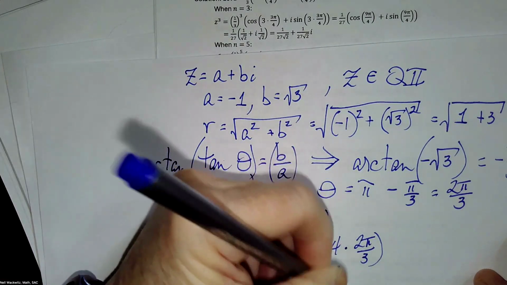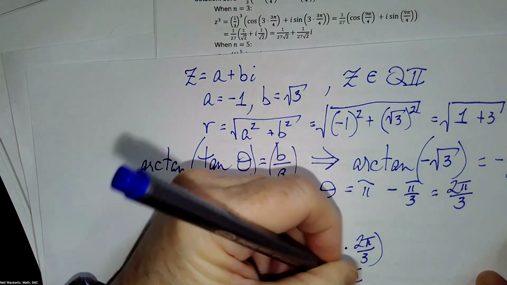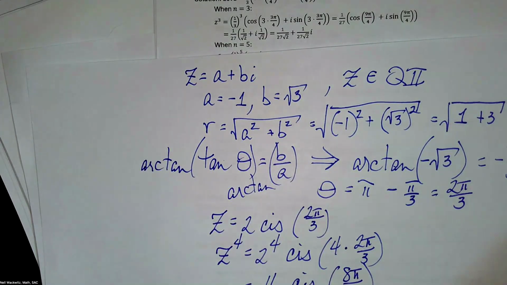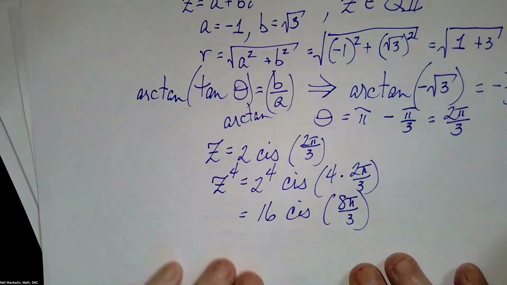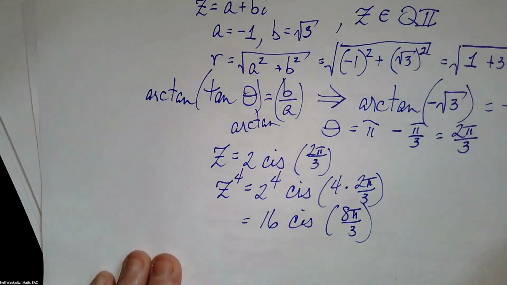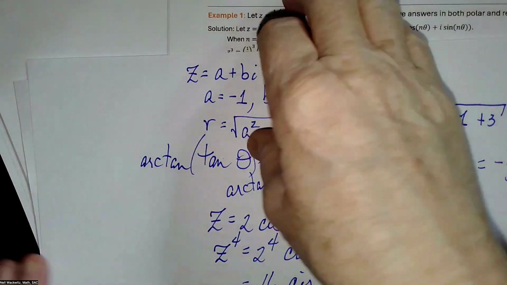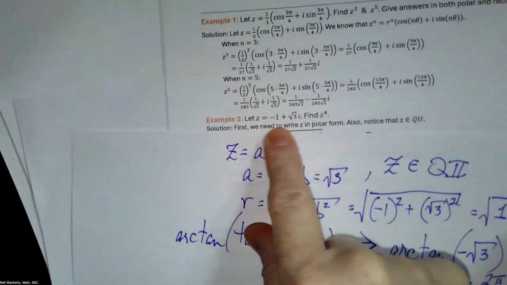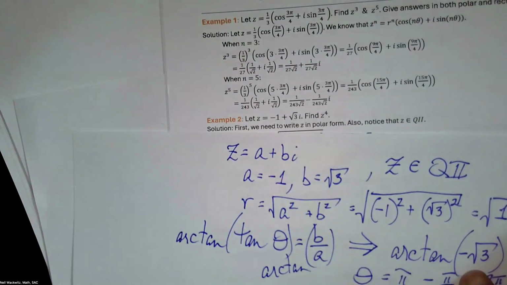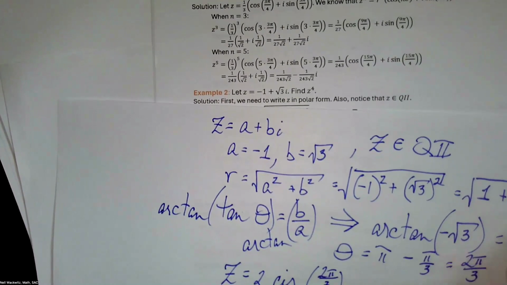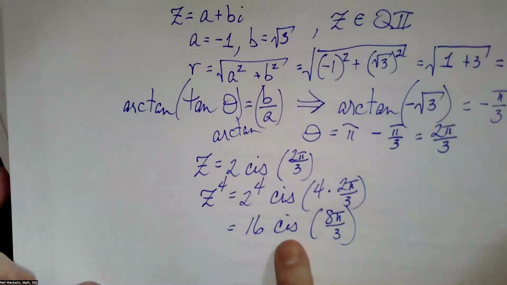16 cis 8 pi over 3. And now we do want to go back to rectangular because we started with rectangular. So anytime you start with rectangular, you want to end with rectangular.